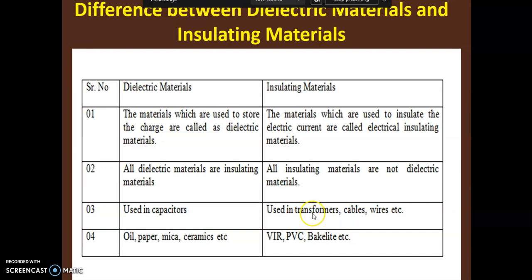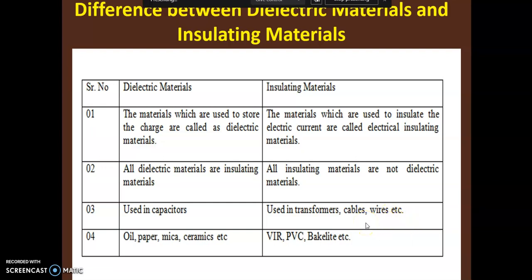But there has to be insulation between those conductors and the core of the transformer. So when you touch the body of the transformer, you will not get a shock. So insulating materials are used in transformers, cables, wires where the electric current is not intended to flow.